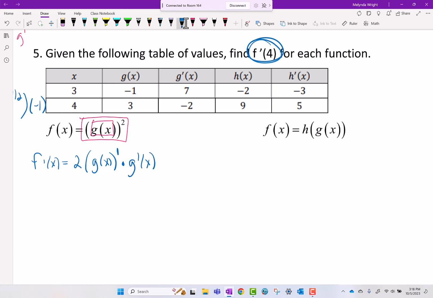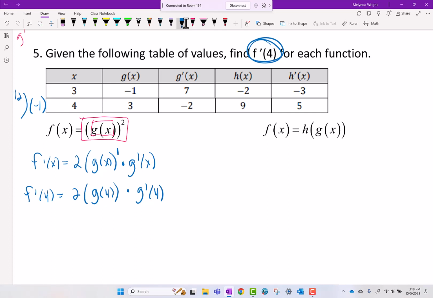Is everybody okay with that abstract derivative? Okay, so now I'm going to do f prime of 4. That's 2 times g of 4 times g prime of 4.